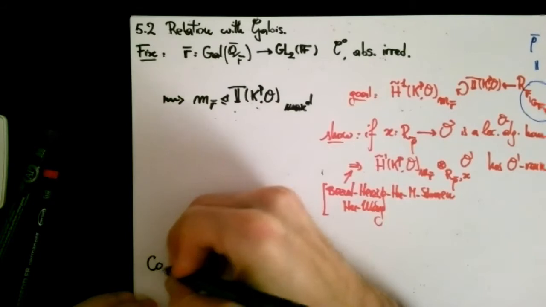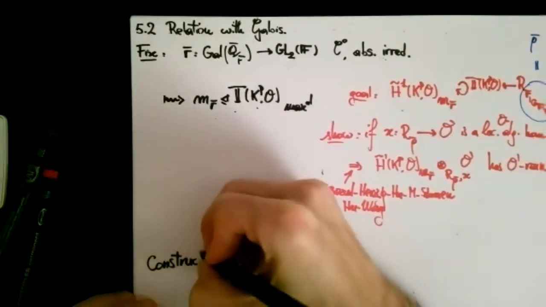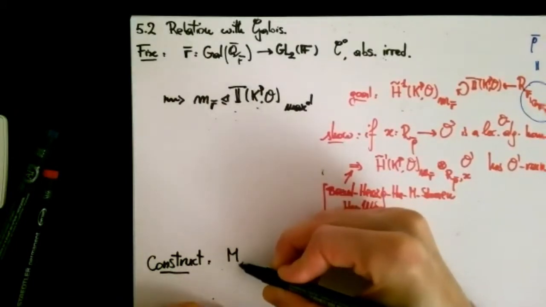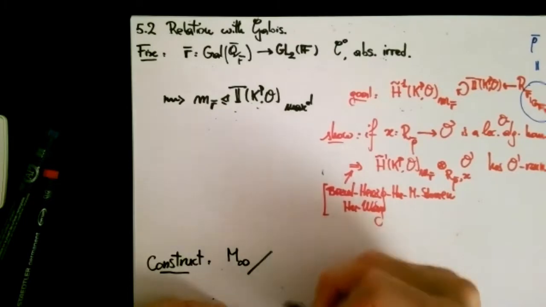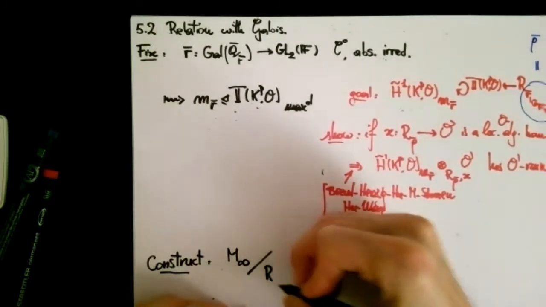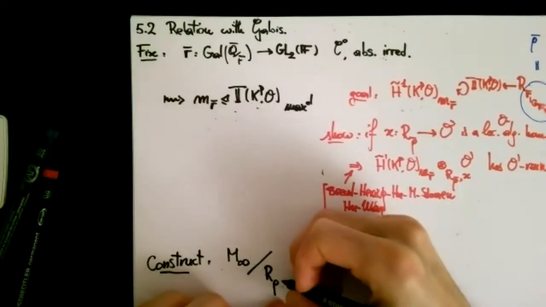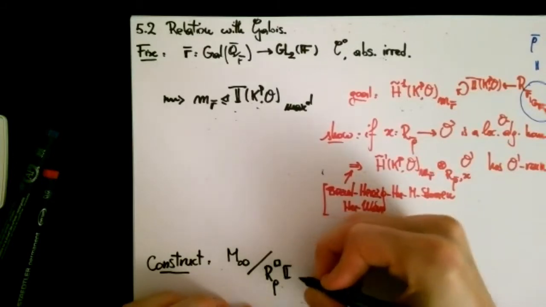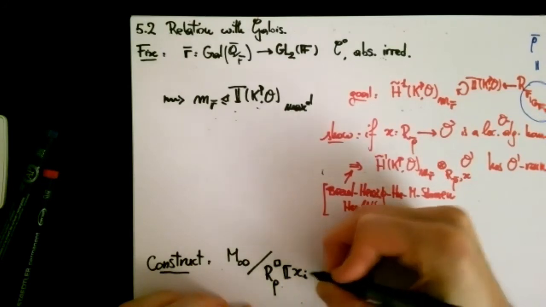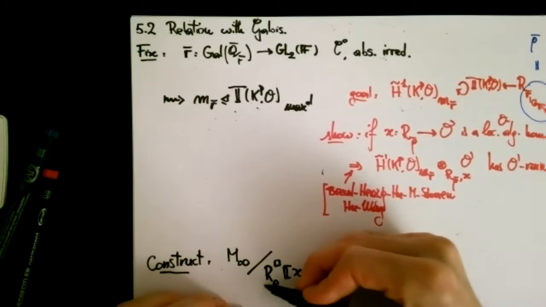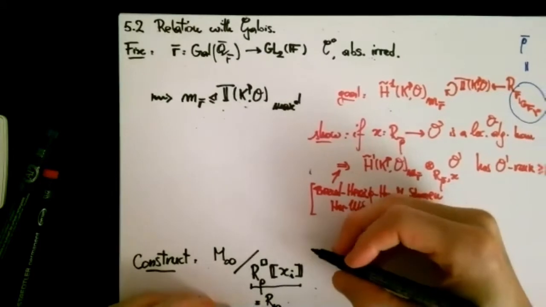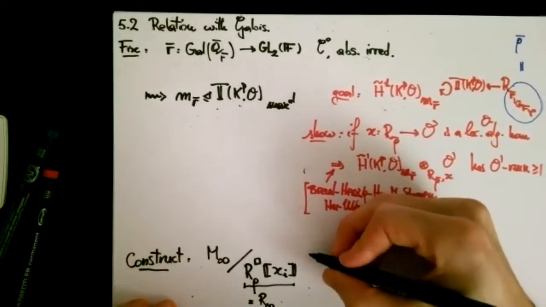So we want to construct a certain module, which is called in the literature M infinity, over our local deformation ring R rho bar, and then I have to add some tilde variables, variables which come from global construction. So this object is usually called R infinity. This is a module with the following properties.